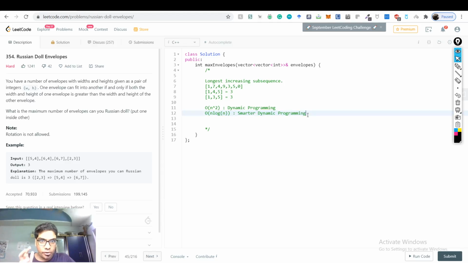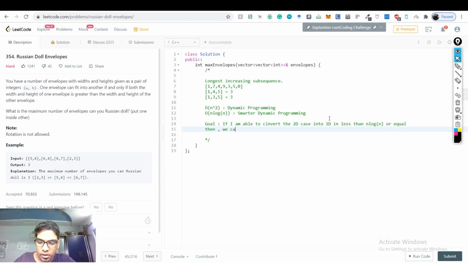So we know how to solve this problem in n log n time. That is not that hard. The question I want to ask is, what is the goal? There can be two things. If I am able to convert the 2D case into 1D in less than or equal to n log n, then we can solve it with the conversion.